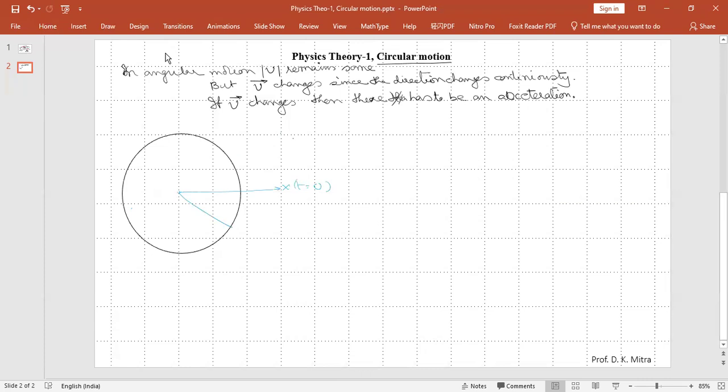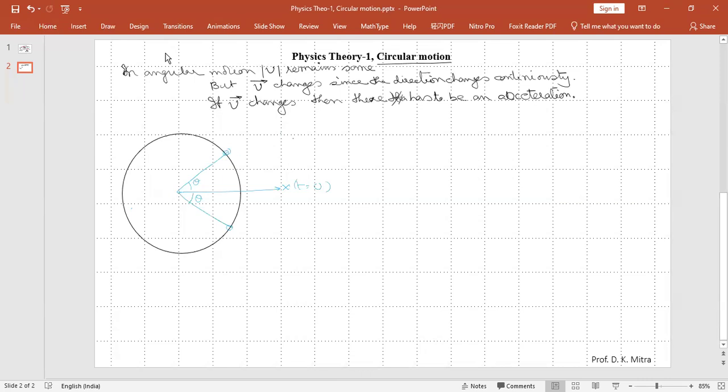At some time, before we started measuring the time, at some angle theta, the body was here. And after a similar angle travel of angle theta, the body is here.